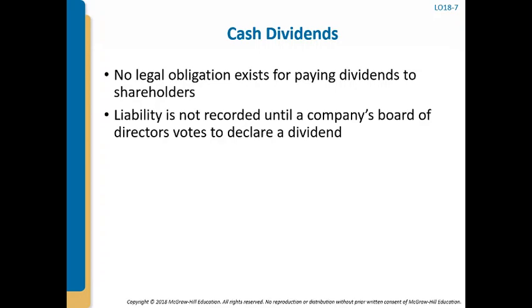And so in order to attract current and future investors, they make a policy of paying regular dividends. But from a legal standpoint, they have no obligation to declare a dividend in any particular year. Because they have no legal obligation to pay a dividend, they're not required to list any liability to pay a dividend until it's declared.